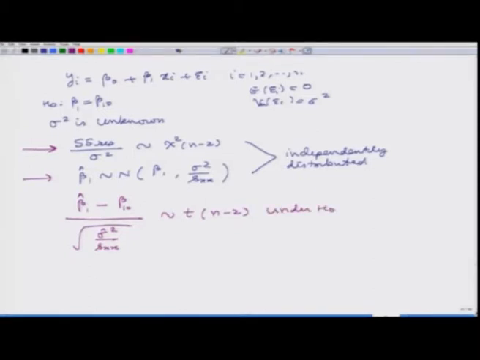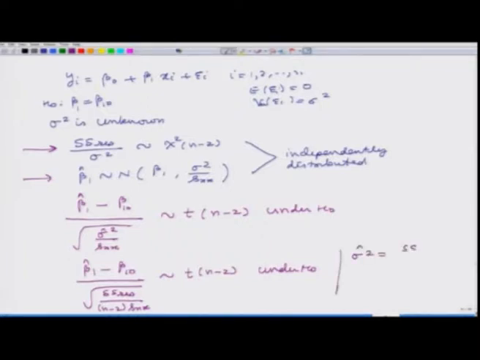This can be further written as (beta_1 hat minus beta_10) divided by the square root of SSres divided by (n minus 2) Sxx. This follows a t distribution with n minus 2 degrees of freedom under H0, because, if you recall, we had estimated sigma square by SSres over n minus 2. We denote this statistic by T1.